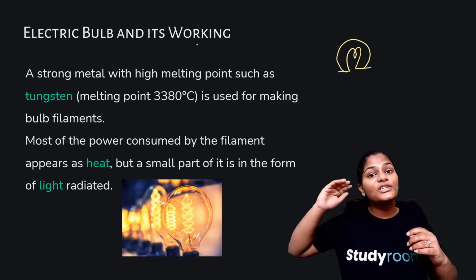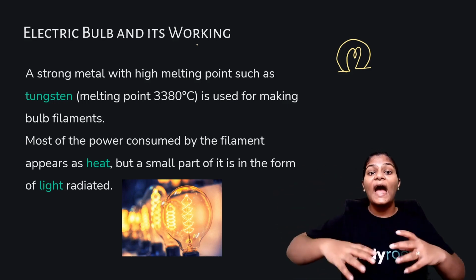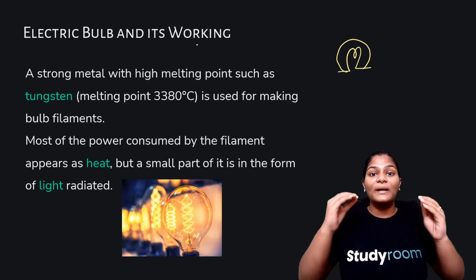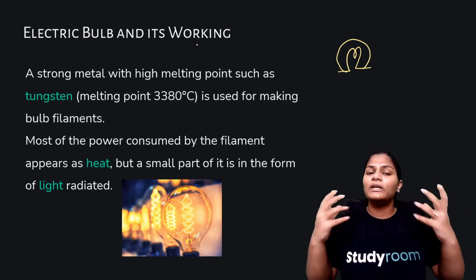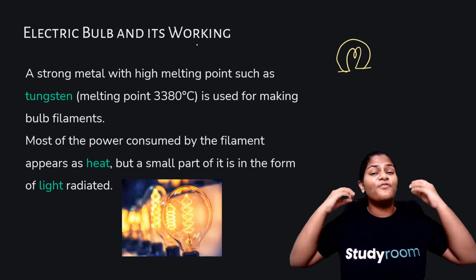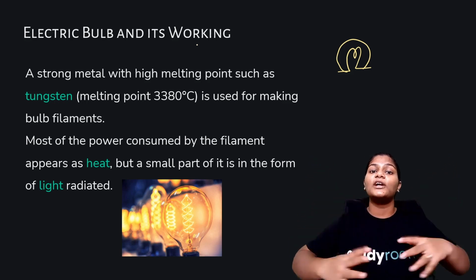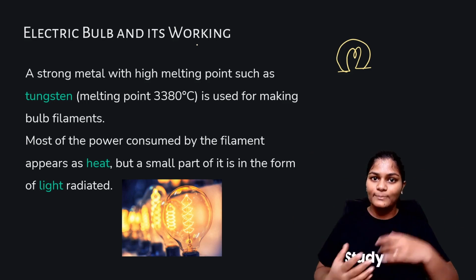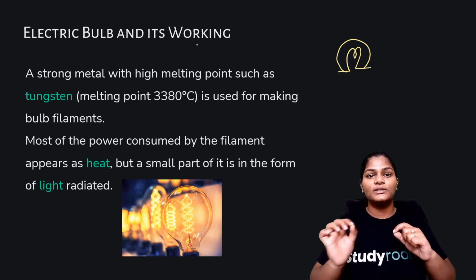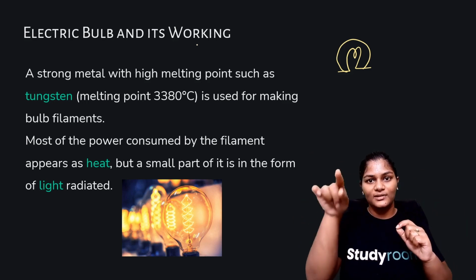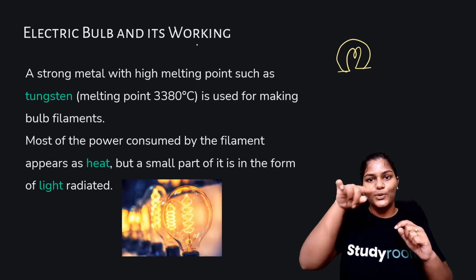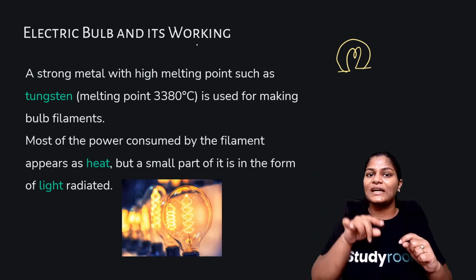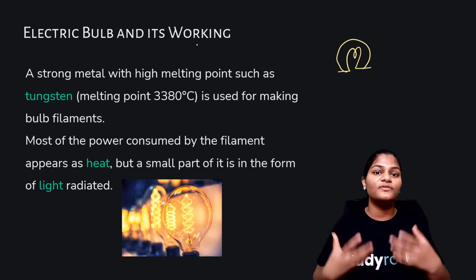So it quickly reaches a very high temperature, and because of that, we saw when metals like this, or materials basically, get heated up, they reach very high temperatures and they start to emit light. So that is what is used in the electric bulb. This tungsten filament, the filament is basically that curving or roller coaster like looking piece inside the bulb which actually glows to give the light.